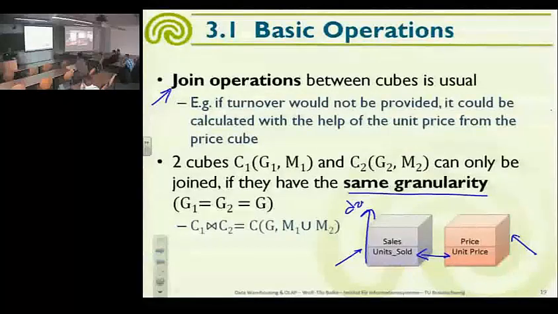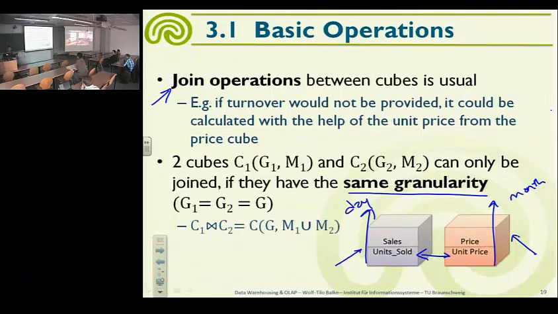On the sales, the finest granularity that you have is day, while in the price, you're working on month. Joining these two cubes then doesn't make any sense, because joining a day to a month, what does that mean? It completely ruins anything that you're going to get at the end, if it doesn't even cause an error.